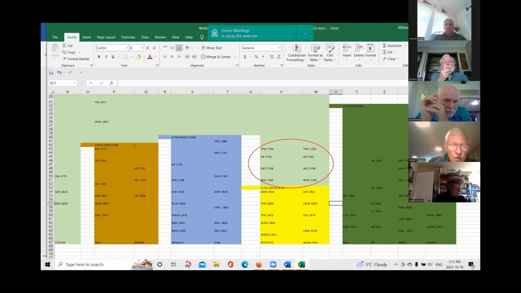Greg and Benjamin White are 445. And this one down here is 576. So I'll concentrate on the brown and the blue and the yellow. But what I'm going to say is applicable to the whole chart.